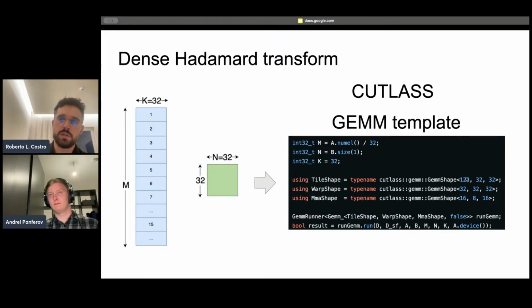I'm going to talk about this a bit later, but basically the N dimension and the K dimension here are 32 because it's never going to be larger than that. And then the following configurations just depend on the specific hardware architecture that we are using, such as this MMA shape over here.